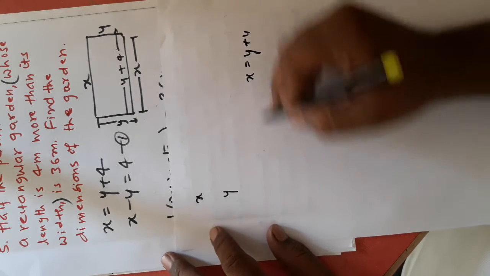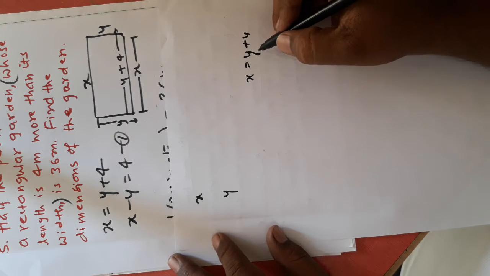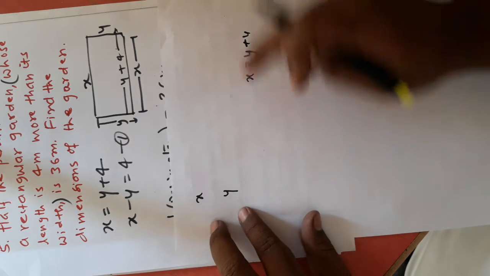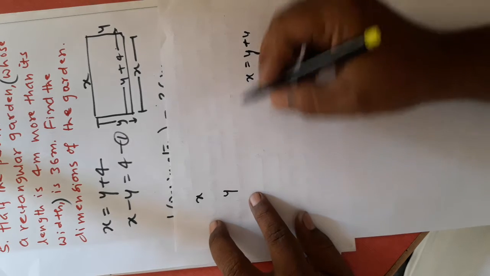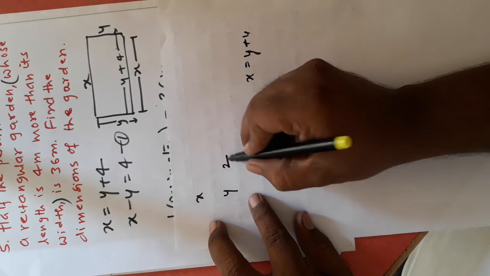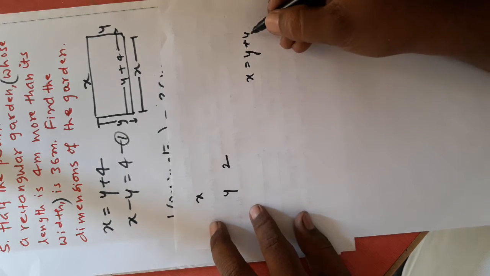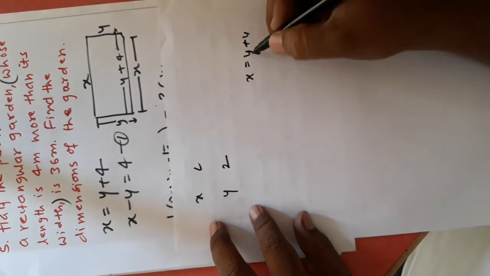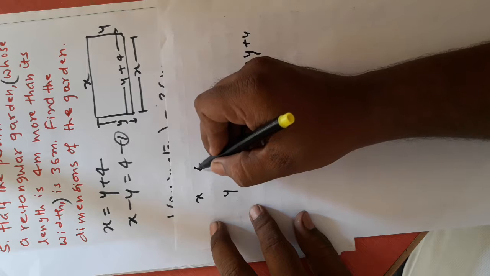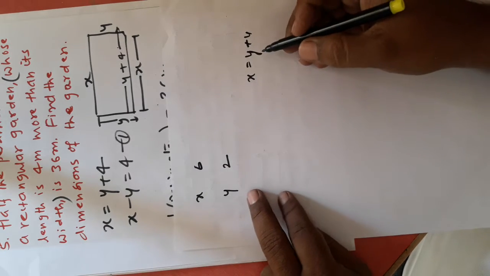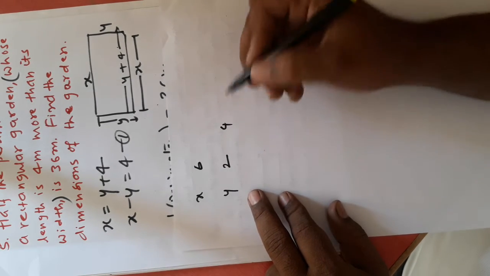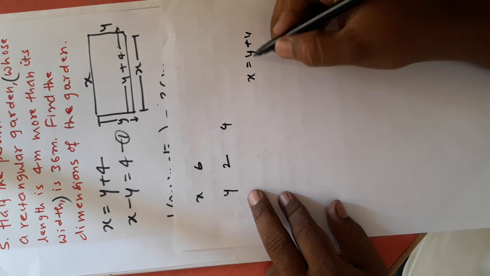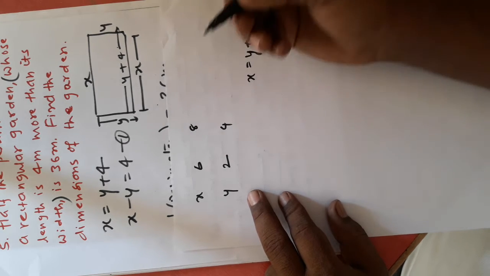If we change the value of y, or put some values of y, and take the corresponding value of x: if I put y is equal to 2, x will be 2 plus 4, so x will be 6. If I put y is equal to 4, then 4 plus 4 will be 8.